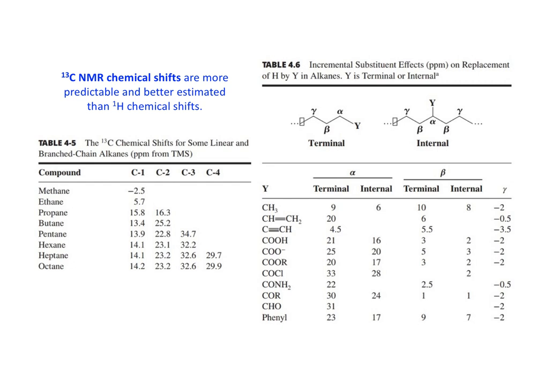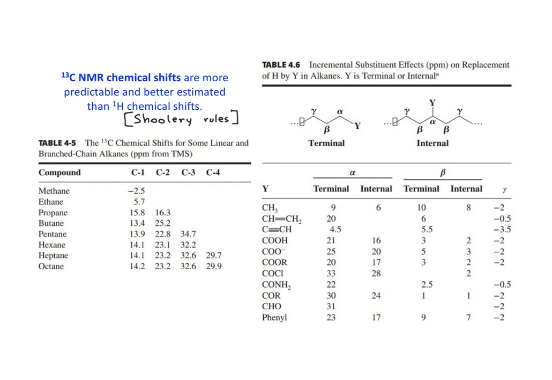In Chapter 3, the textbook presented Shoolery's rules for predicting proton chemical shifts, but I find that those are not terribly useful for compounds that are moderately complex, whereas there is more confidence in being able to predict carbon-13 chemical shifts, even for relatively complex compounds.